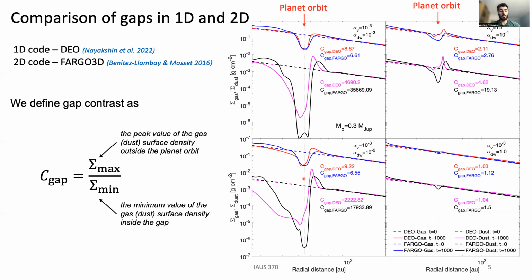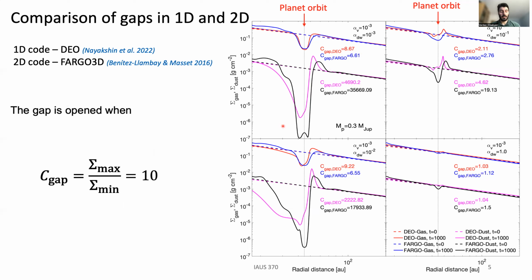And as you can see on this plot, we vary the alpha disk wind parameter by fixing the alpha viscous parameter, and for all the values of the alpha disk wind parameter, the agreement between the 1D and 2D models is within a factor of few, which is really good.